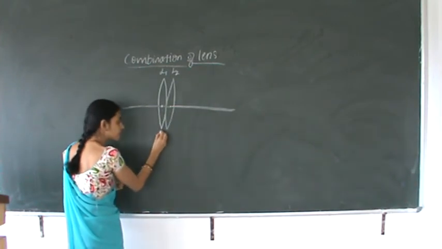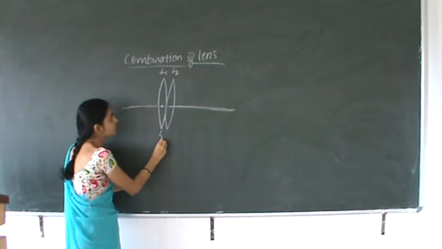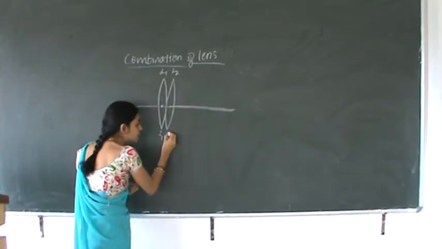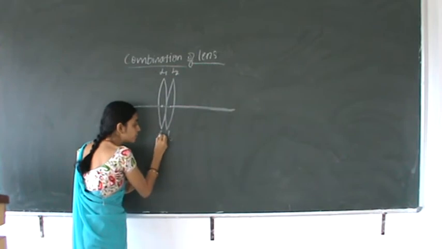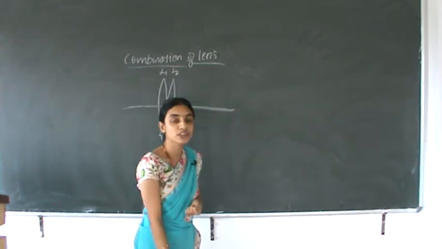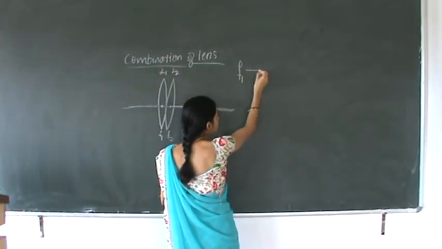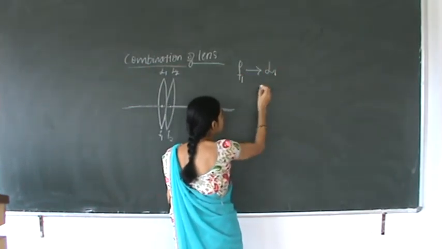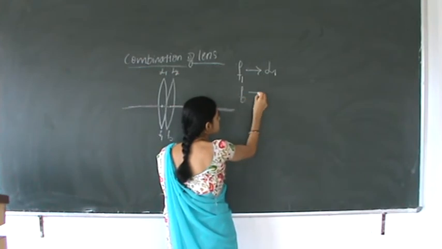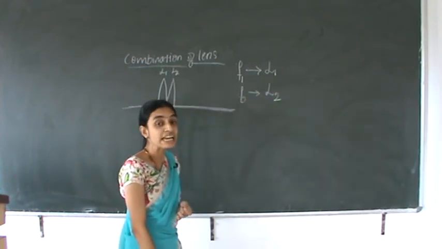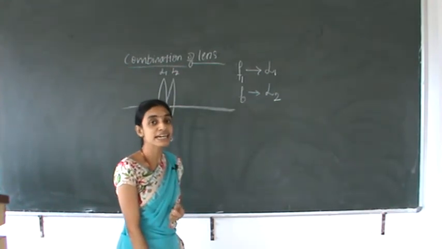Here, let f1 be the focal length of the lens L1 and f2 be the focal length of the lens L2. Here, I am going to use the thin lens formula.